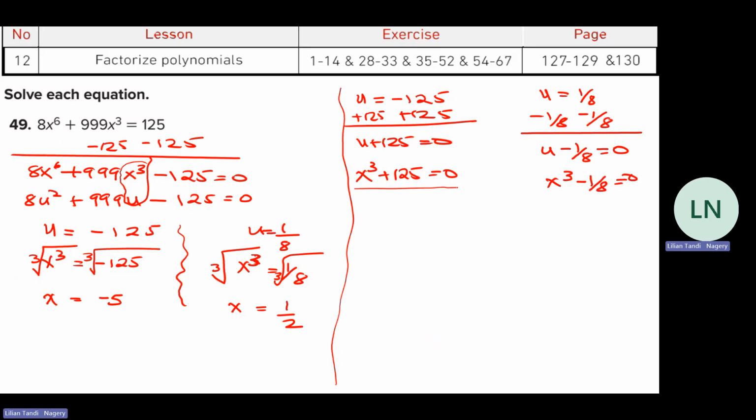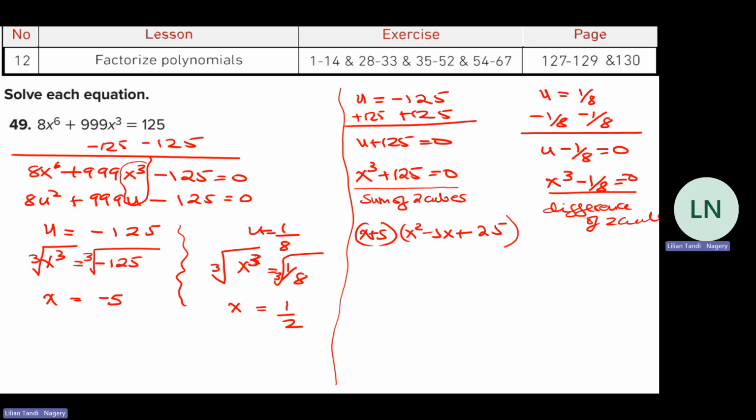This is a sum of two cubes, and this is a difference of 2 cubes. So this will be x plus 5, x squared plus 5x plus 25. This should be minus, not plus, because this is plus. This should be minus.